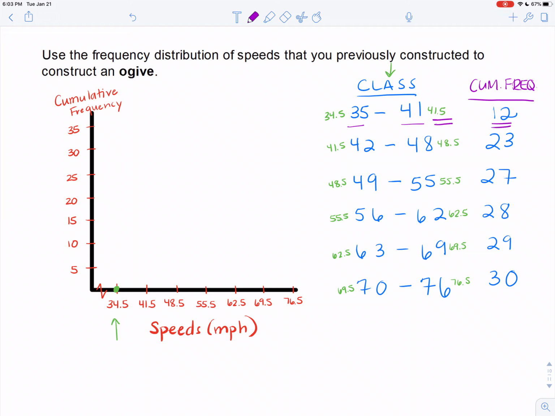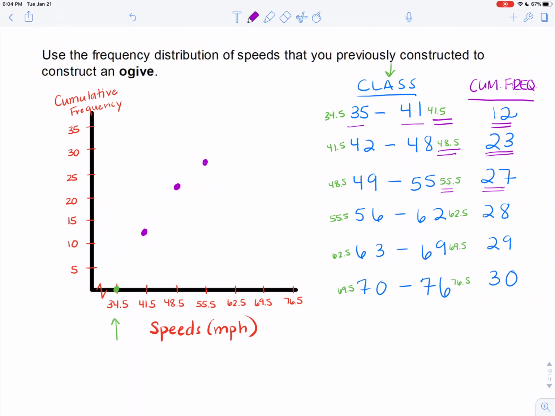So at 41.5, I'm going to come up here and plot a point at the cumulative frequency, which is 12. All right, again, upper boundary, cumulative frequency. So for class 2, upper boundary is 48.5, and I'm going to plot the cumulative frequency at 23. Continuing, 55.5 is going to be at 27.